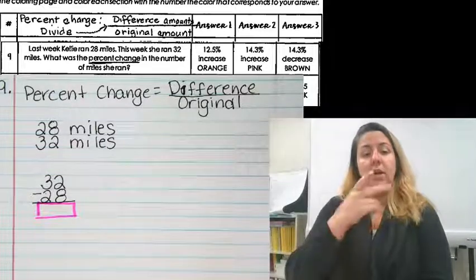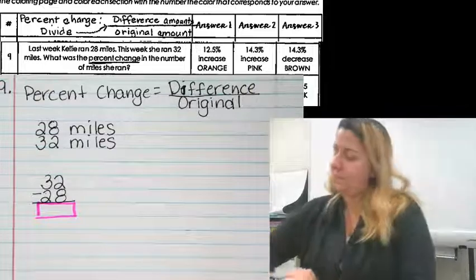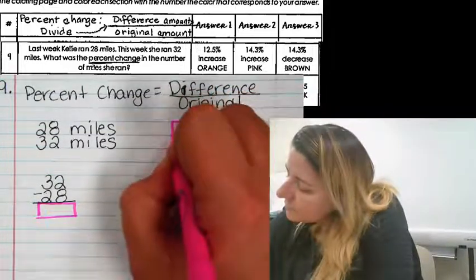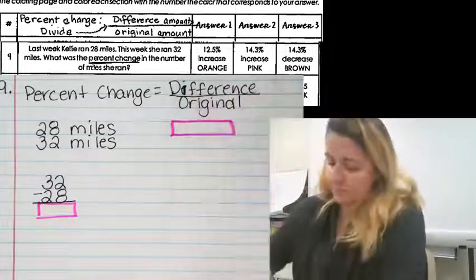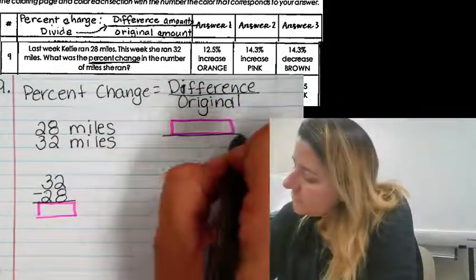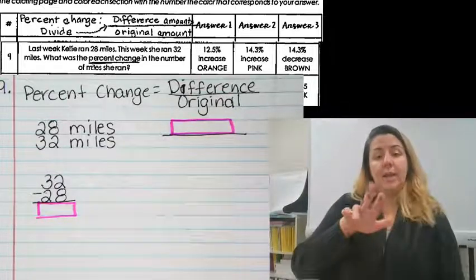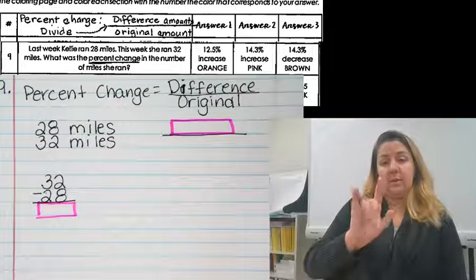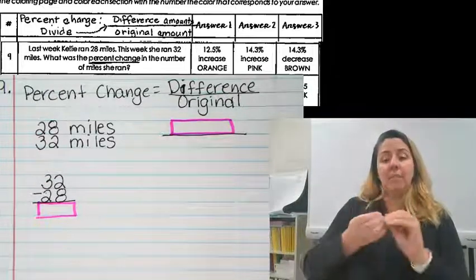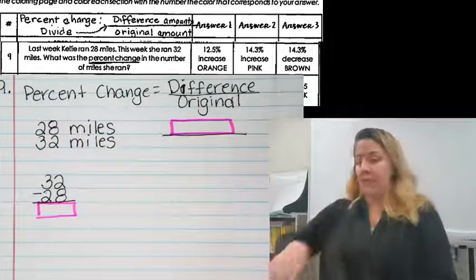Okay, so your pink number is the top number. Then you divide by 28. Why? That was the first number. Last week happened first.